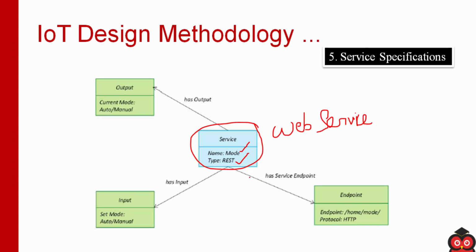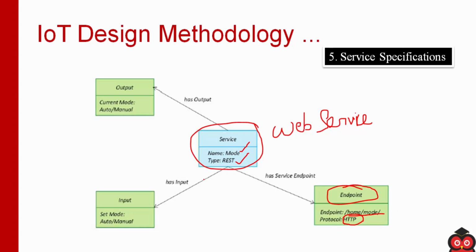right? And this web service has an endpoint, and the endpoint is represented using this URL, /home/mode. The protocol we will be using in the application is HTTP for accessing this service.